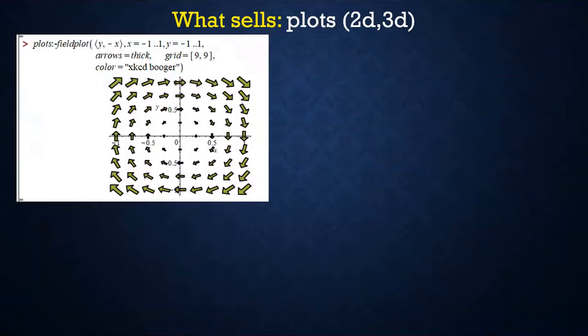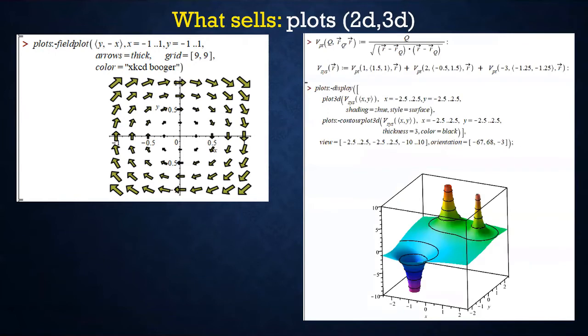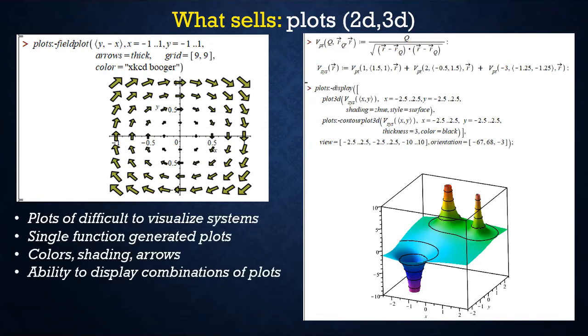So what sells? Certainly being able to do 2D plots, 3D plots, and 3D plots on top of plots, and basically having these plots based on a single equation, which is based on a single principle. Plots that are difficult to visualize become easier to see. They love the colors. I mean, who doesn't love XKCD colors?